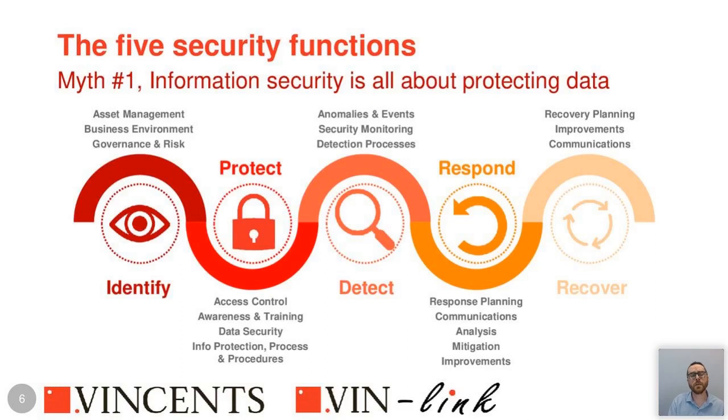A lot of organizations have one big bucket, all the data goes in, and they protect the data all the same. So in this category of identification: asset management, business environment, governance, and risk. You're looking at what is critical to protect: regulatory data, health information, financial data.